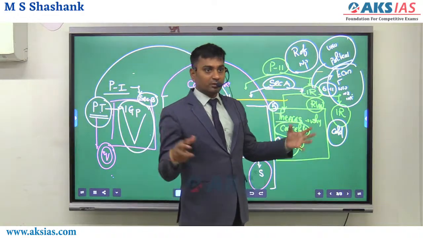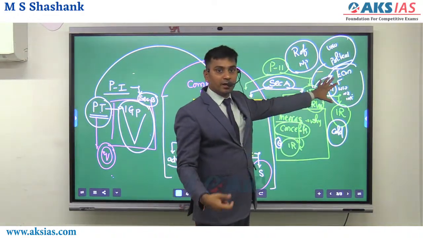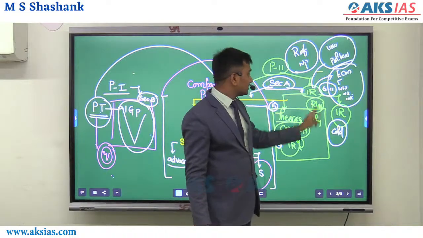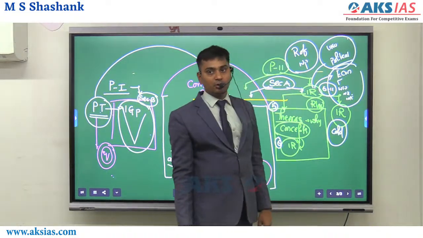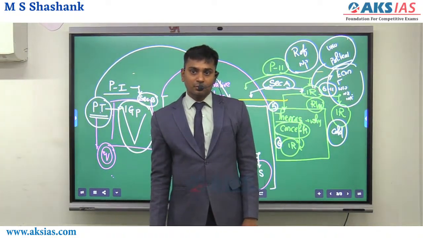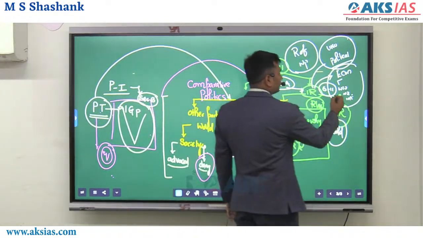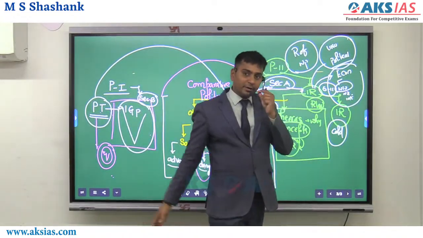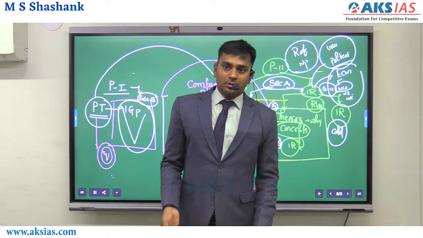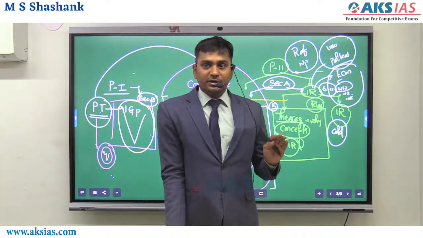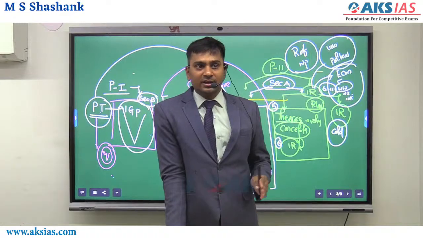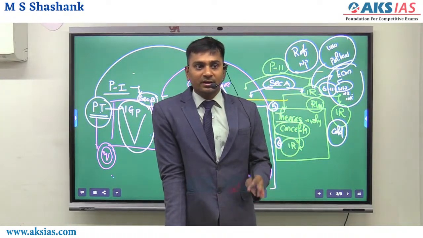If you are together as a world, you are not fulfilling some objectives. As a result, you have come out of this and you have formed your own organizations. For example, WTO is there to function or to look at global trade. But despite WTO presence, you have some regional organizations like APEC, SAFTA, NAFTA.